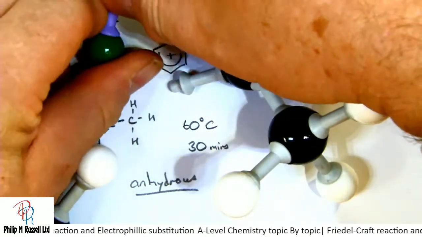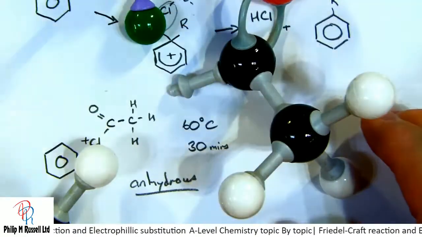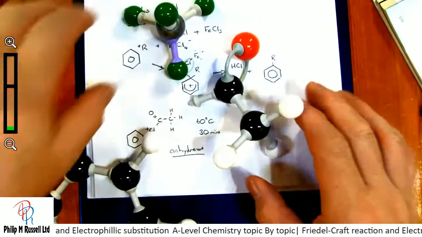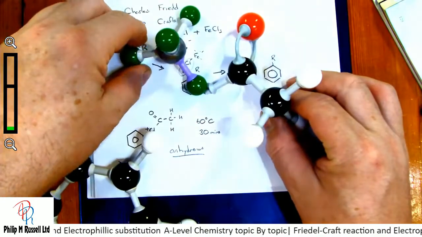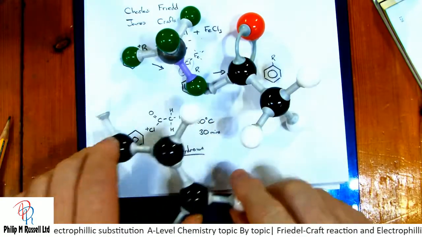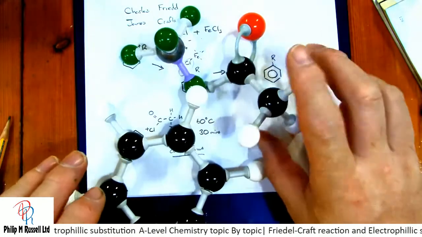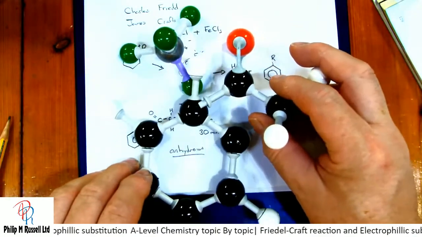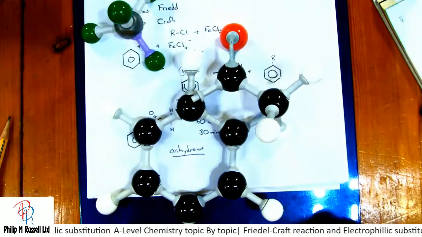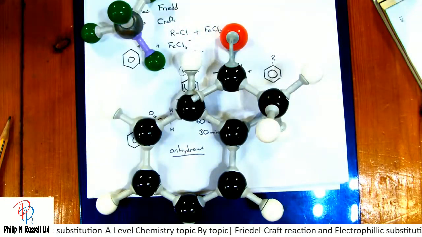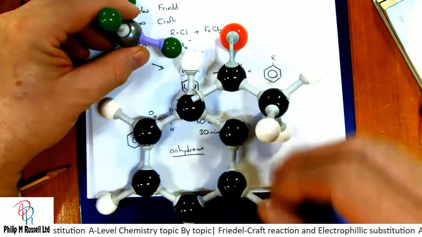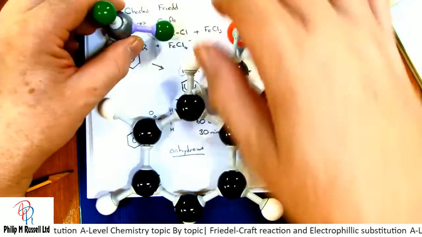So we've made our aluminium tetrachloride. This brings this right next to here as our intermediate. We're going to get our reaction with our chlorine.